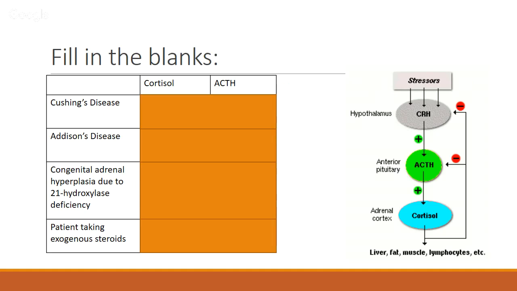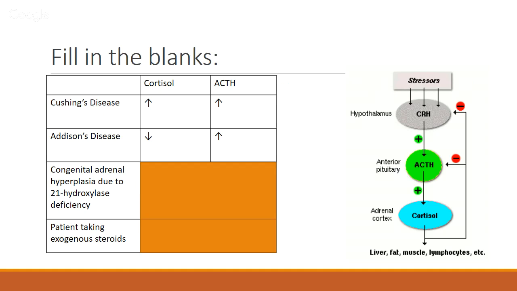All right. Okay, so in Cushing's disease, the keyword is disease here. I'm referring specifically to the ACTH-producing pituitary tumor. So both are up. In Addison's disease, it's primary hypoadrenalism. So cortisol is down and ACTH is up by negative feedback.